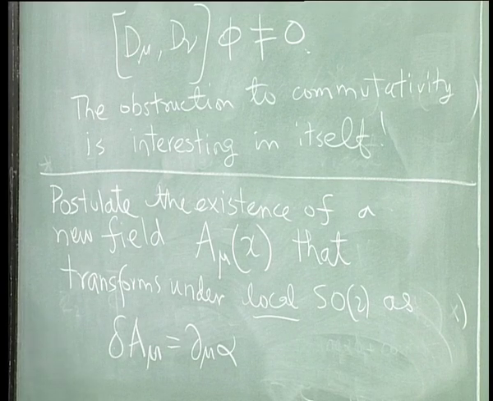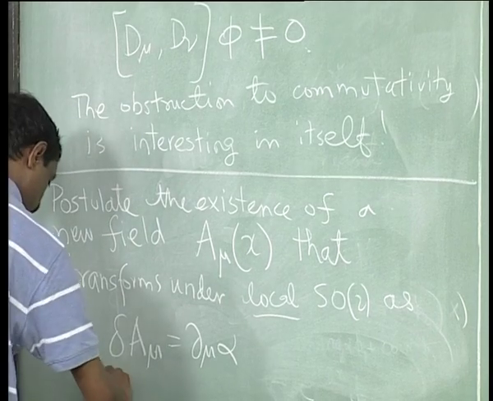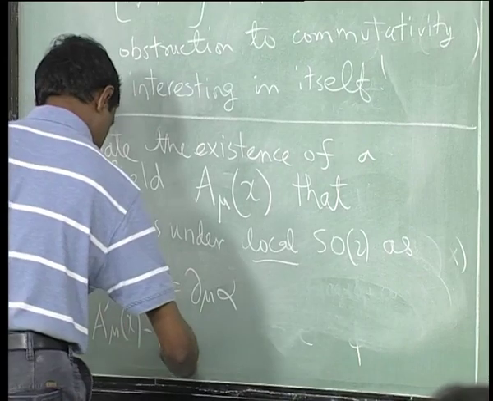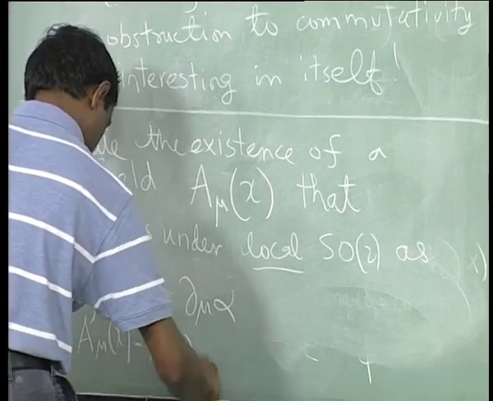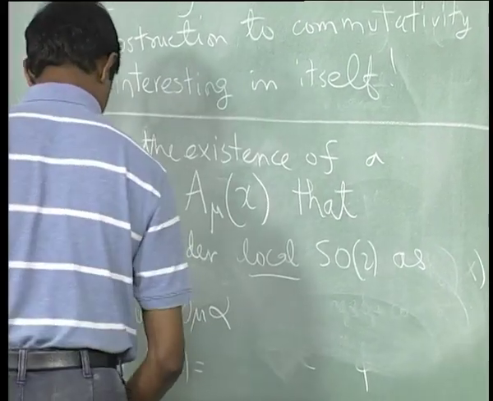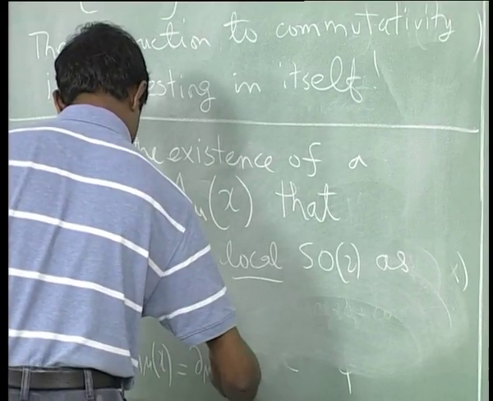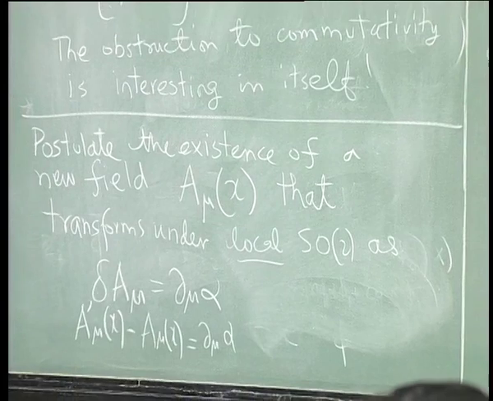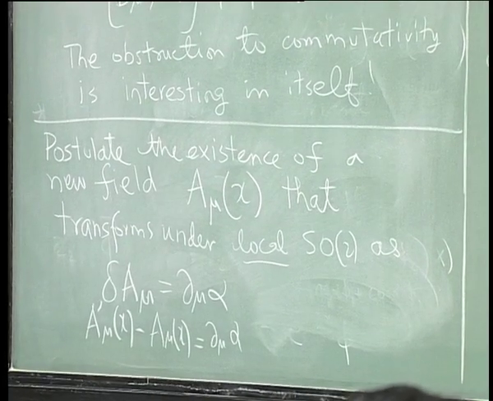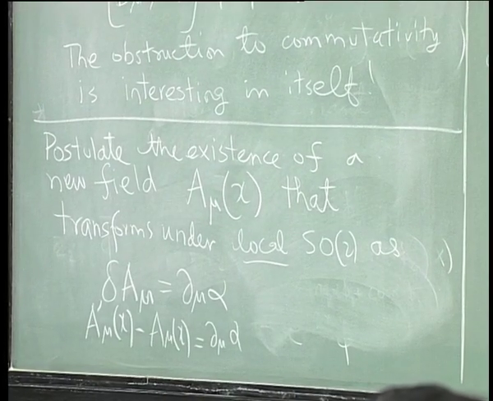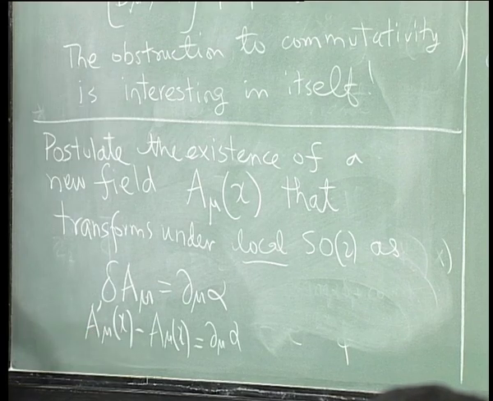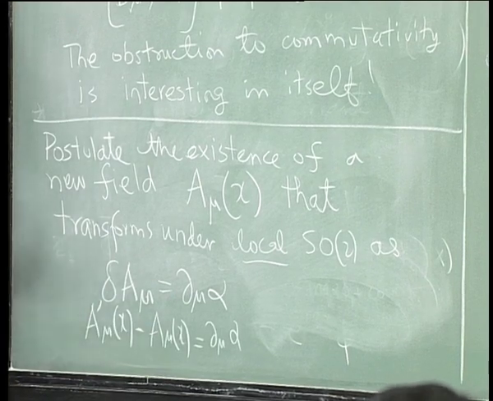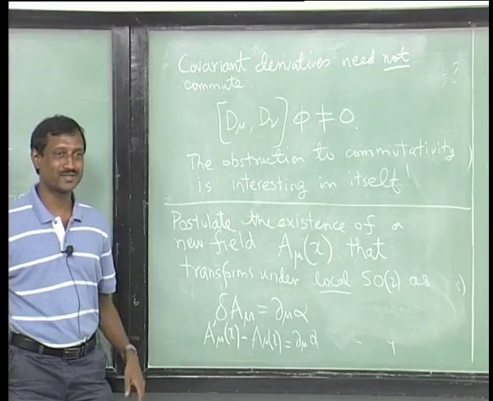So by this I mean... Okay. And since this thing does not act, the SO2 does not act on space time fields, the argument is still the same. So there is no worry about delta, delta bar, all of them are the same.